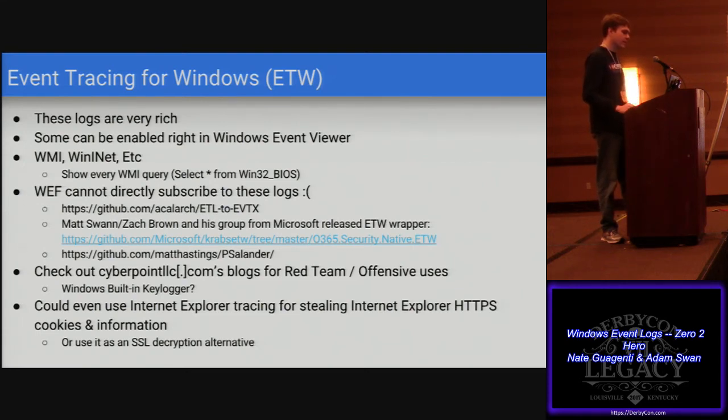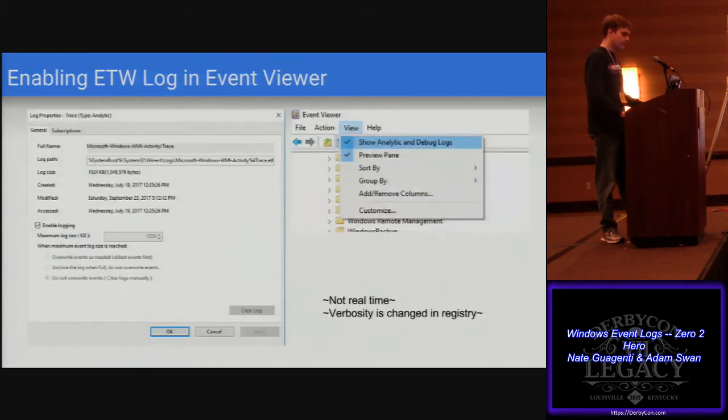WMI is not too bad on most servers, but some software uses it heavily. And if you're in Red Team, CyberPoint has a blog. I think they gave a talk about it last year about how you can use it as a keylogger. And the other thing, if you're Red Team or Blue Team, you can start looking at all HTTPS headers within Internet Explorer.